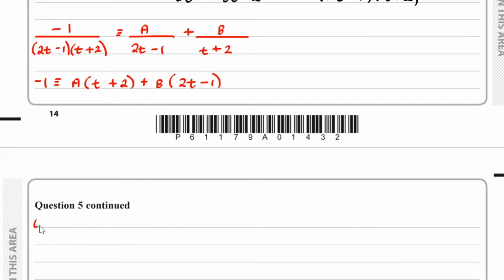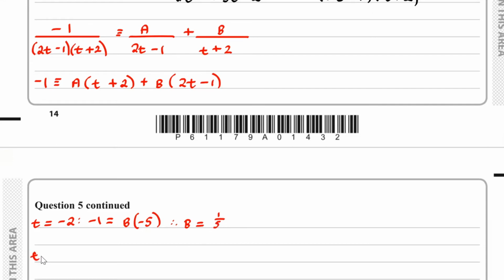So when t is equal to minus 2, for example, we have minus 1 on the left hand side, and on the right hand side the a bracket disappears. We're left with b lots of minus 4 minus 1, which is minus 5. So therefore b is equal to 1/5.